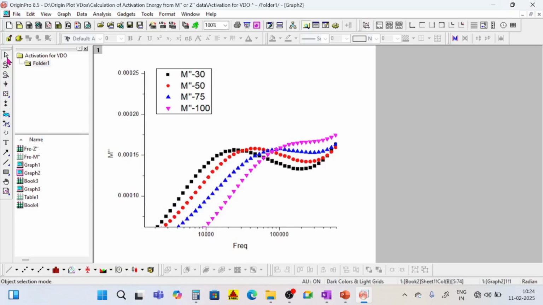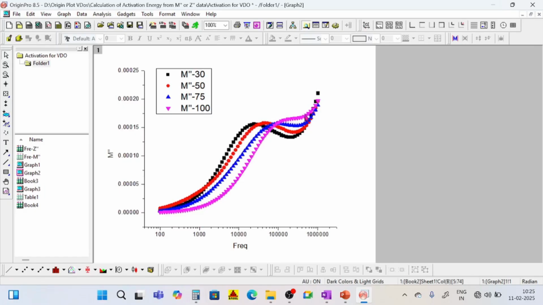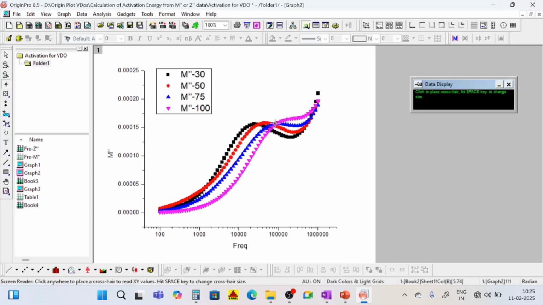You can see this 100 degree data continuously increases, but the other data for 30, 50 and 75 degree increase to a maximum and then somewhat decrease, whereas this 100 degree just gives a small hump and increases. So this is the corresponding peak just after the peak of 75, observed here around 1000, right? And the peak of 1000 means here.